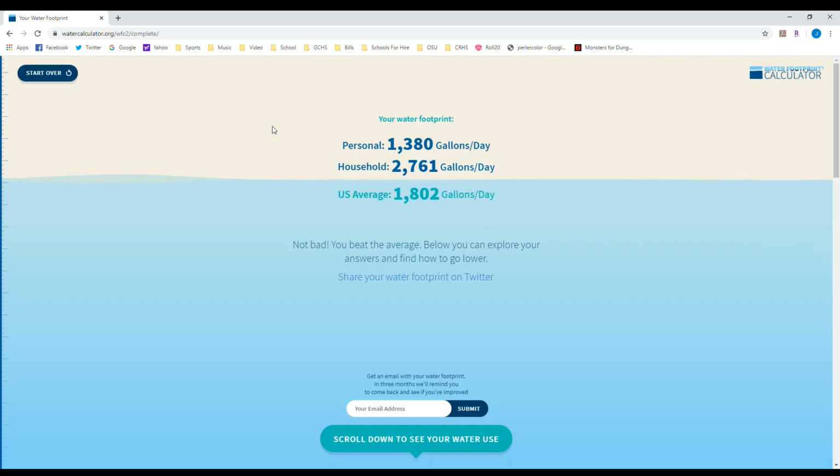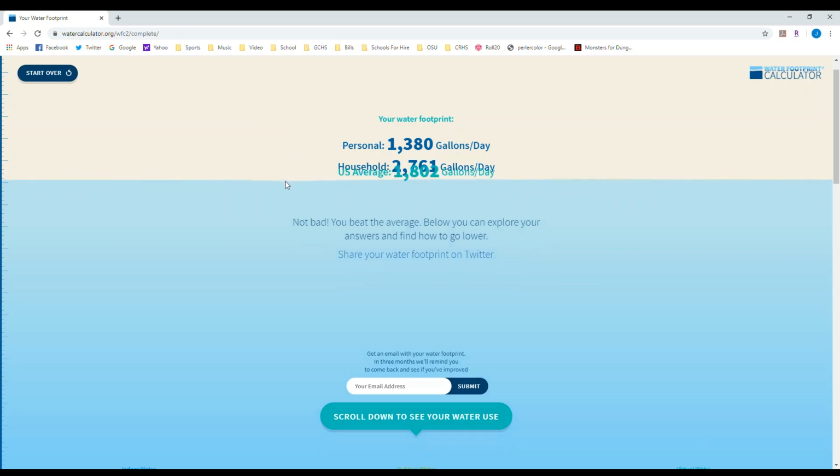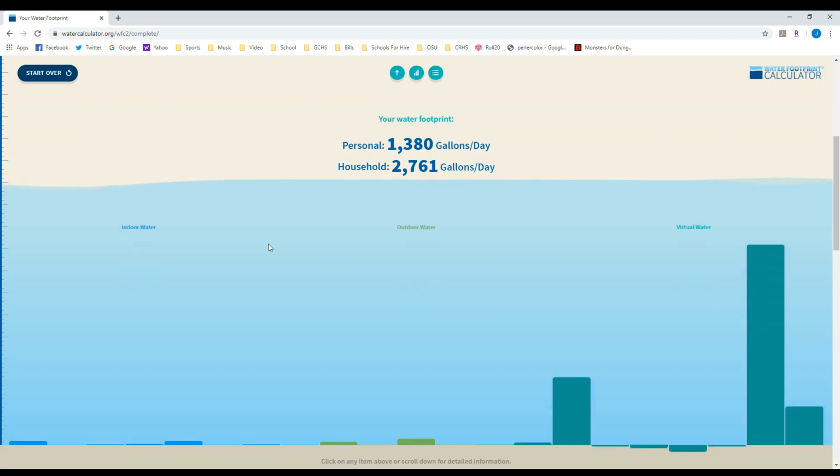Okay, now back on the website. According to the directions, once you reach this screen, you should be able to scroll down to see your water use data. So let's scroll down a little bit. One of the first things you're going to notice is a set of bar graphs. These bar graphs represent your answers to the questions and how much water gets used for those prompts. You can see the results if you hover over each bar.